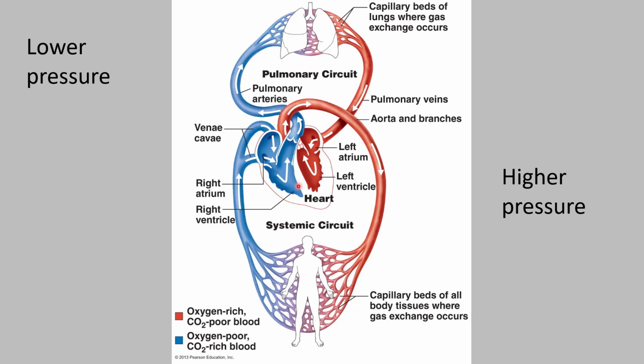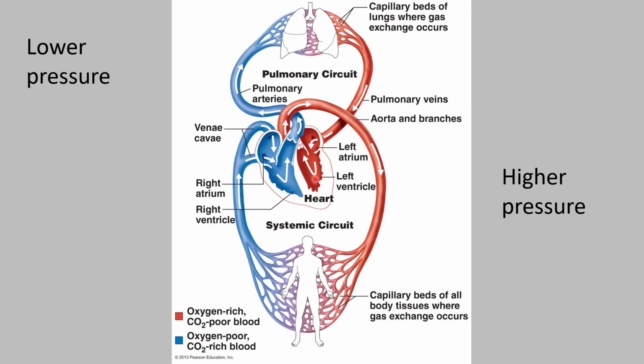Now, when we talk about the systemic circuit, it's going from the left side of the heart to the tissues throughout the entire body and back to the right side of the heart. Blood on the systemic circuit flows from the left side of the heart to the tissues of the entire body and back to the right side of the heart.